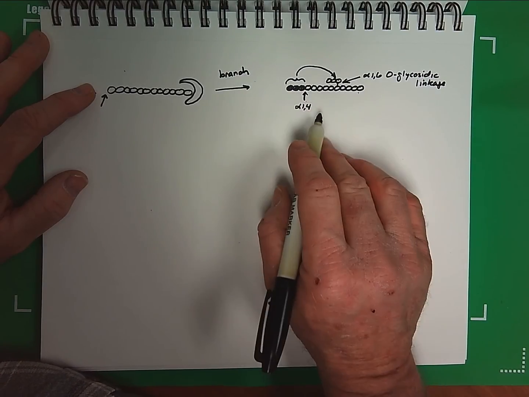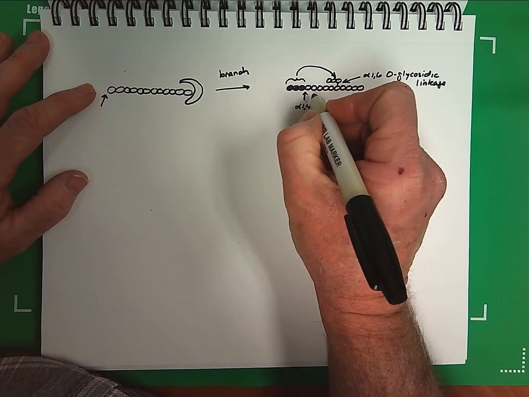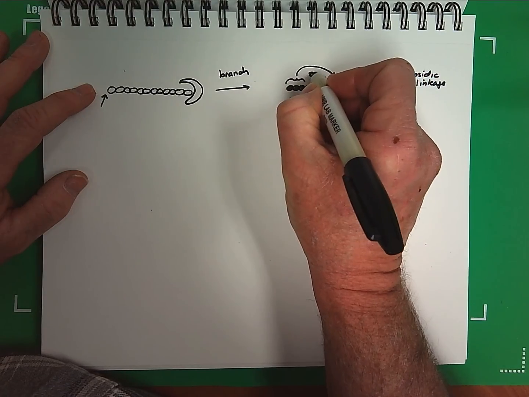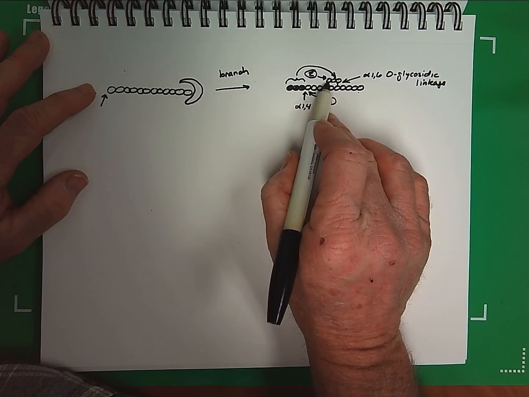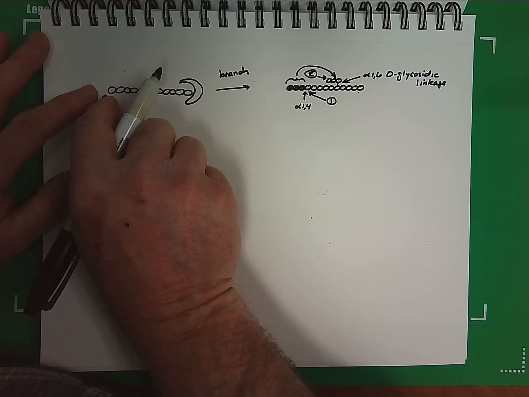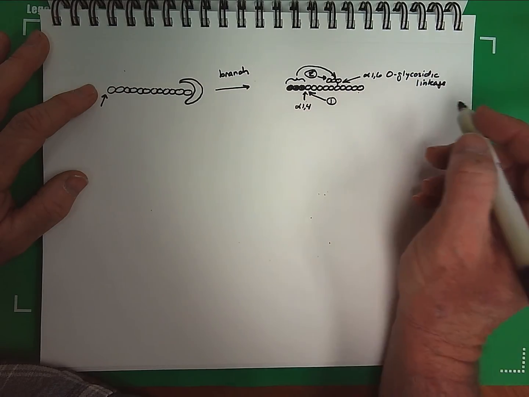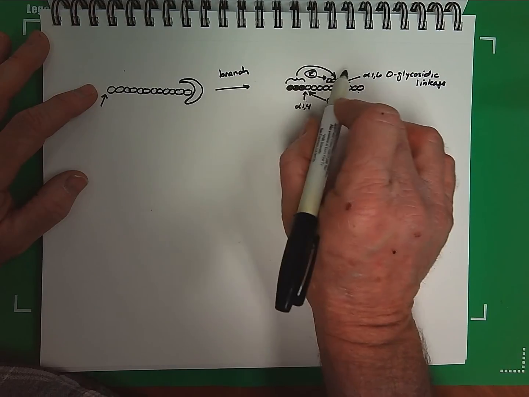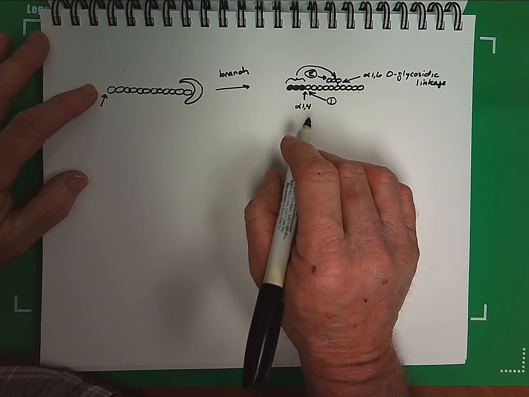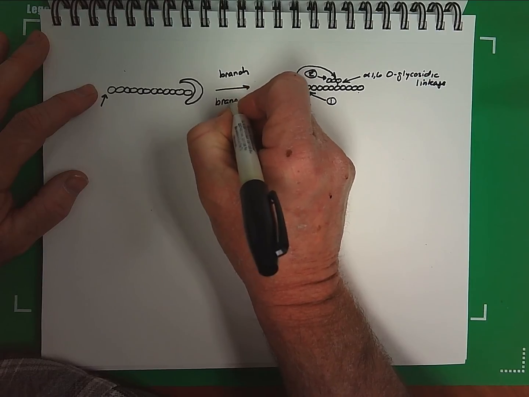So now what we've effectively done is by hydrolyzing this and forming a branch structure, now we have 2 number 4 carbons available for the addition of additional monomers. So we've taken a single point and we've doubled it of where we can have growing chains of our glycogen. Now picture lots and lots of branches, and what we've done is we've opened up the molecule to have lots of addition points. This enzyme is called a branching enzyme.